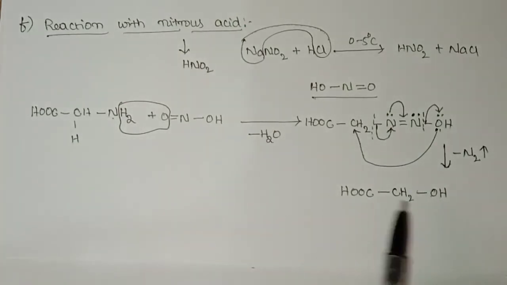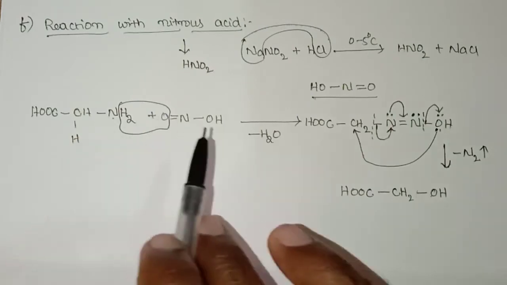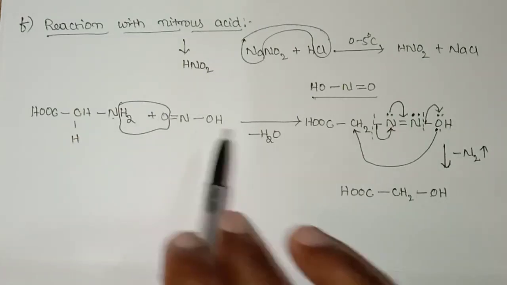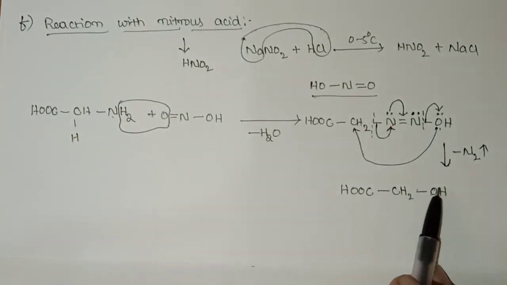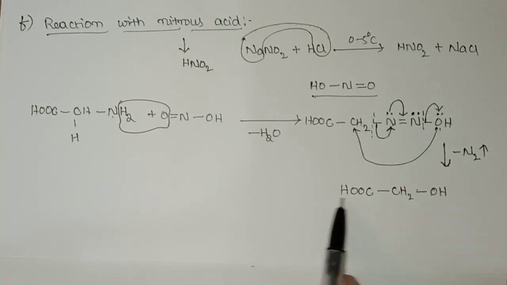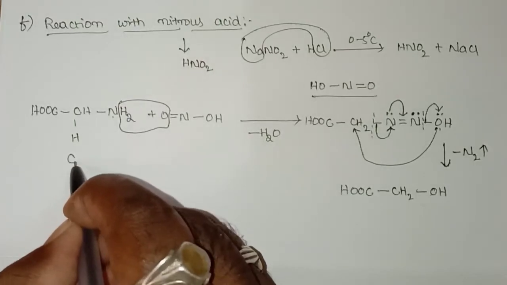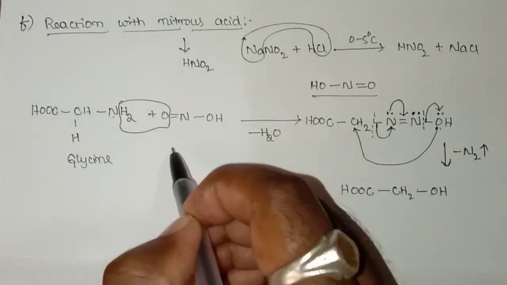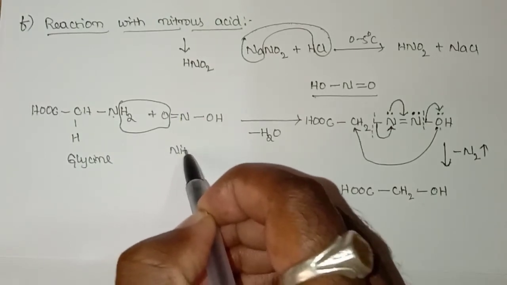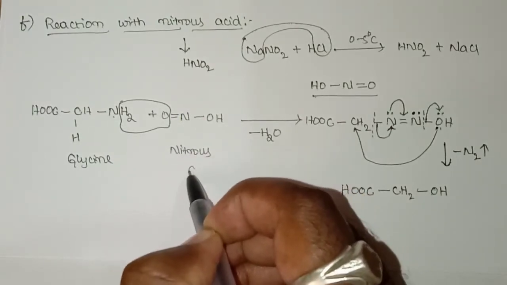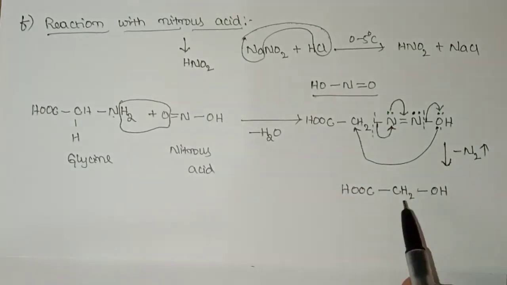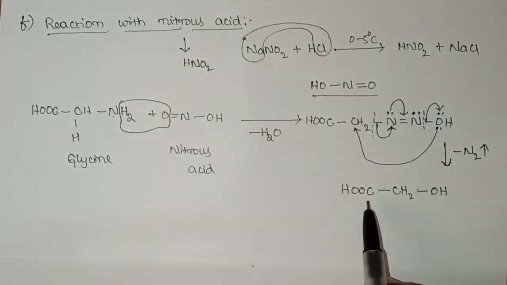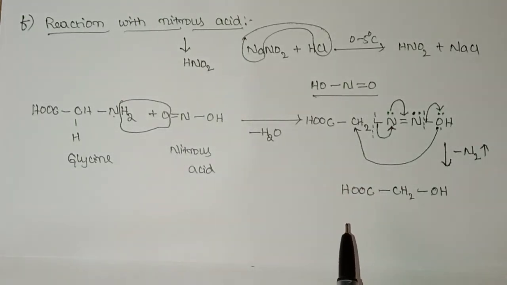So an amino acid upon reaction with nitrous acid results in the formation of a hydroxy carboxylic acid. I repeat, when an amino acid, here in this case glycine, is treated with nitrous acid, it results in the formation of a hydroxy carboxylic acid.